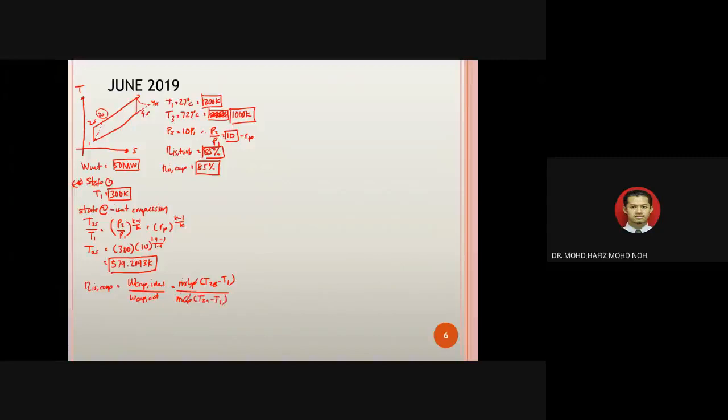So this one can be cancelled. Okay, and then you put the value, so 0.85 equals 579.2093 minus T1, which is 300 Kelvin, divided by T2 actual minus 300. So from here, you will get the value of T2 actual.